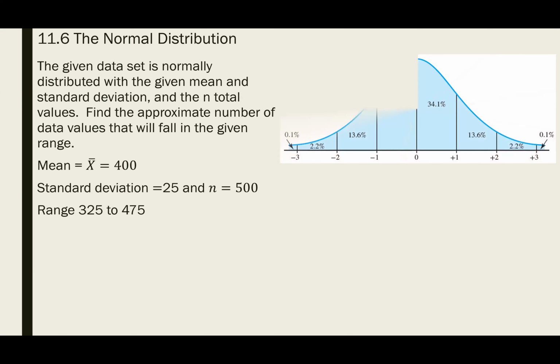So if you look at this, the 400 is in the middle, right? And if I go up one, I need to add how many? If I go up one, I need to add 25. Is that the value I'm looking for? Hopefully you say no, because I'm looking for 475.